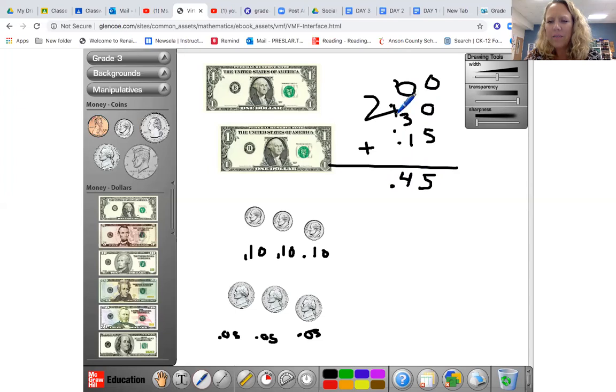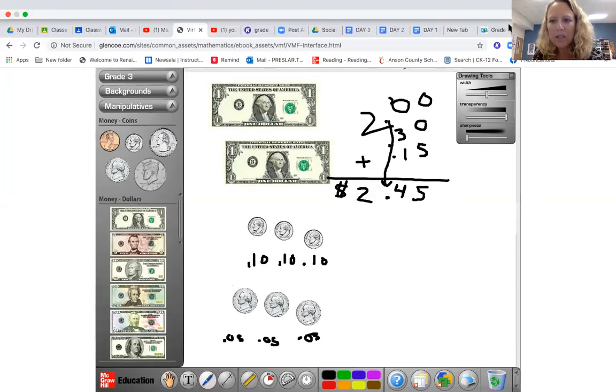And again, bad alignment, but still learning to work with this mouse and this drawing tool. And then my 2 whole dollars, I don't add any dollars, any whole bills here. These $2 represent that. So I have $2.45. What makes this money is actually putting a currency sign or a dollar sign out in front of it. So always add that with money problems.